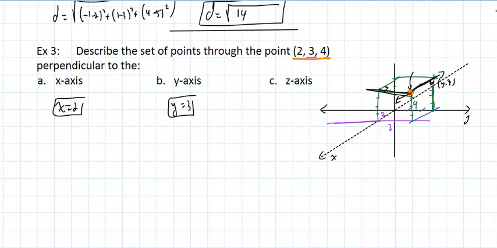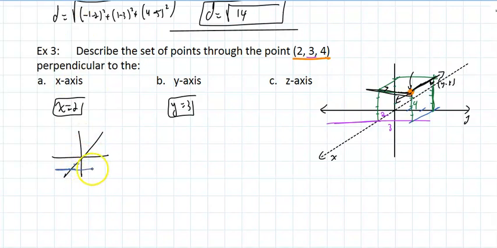Actually, when you say y equal 3, x and z could be anything, so that is an actual plane. Because x equal 2, it really looks like this. I should start that way.